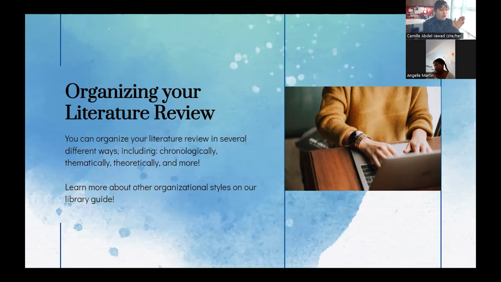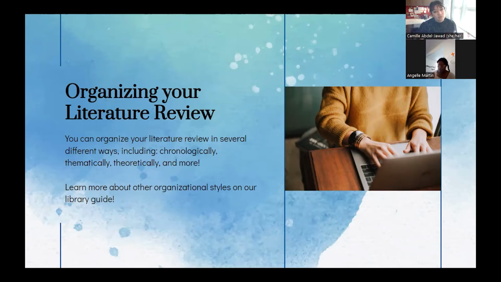Here is where we started, and here's where we are now. That could be a really interesting arc for your literature review. You could also do it by theory, if there are different theories related to your research topic. You could do it thematically, if there are different themes related to your topic. If you're going to break down your bigger topic into different subsets, that could also work.